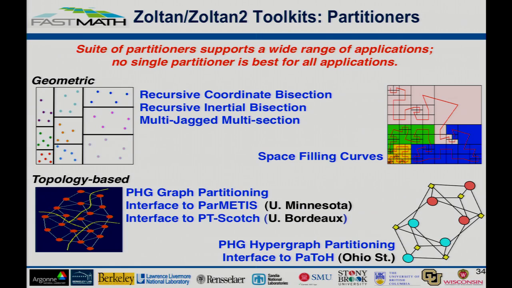So the two groups of partitioners within the topology category are the graph and the hypergraph. And I have a slide that will illustrate this a little better. But the most powerful tools, or the most common tools, are ParMETIS and PT-Scotch for graph partitioning, and then PaToH and the Zoltan PHG for hypergraph.